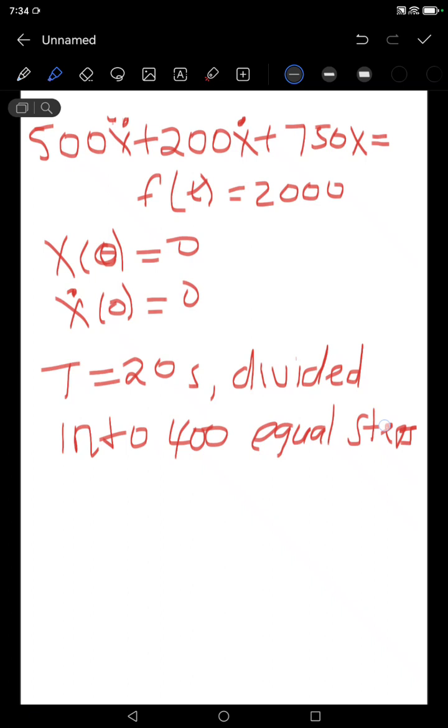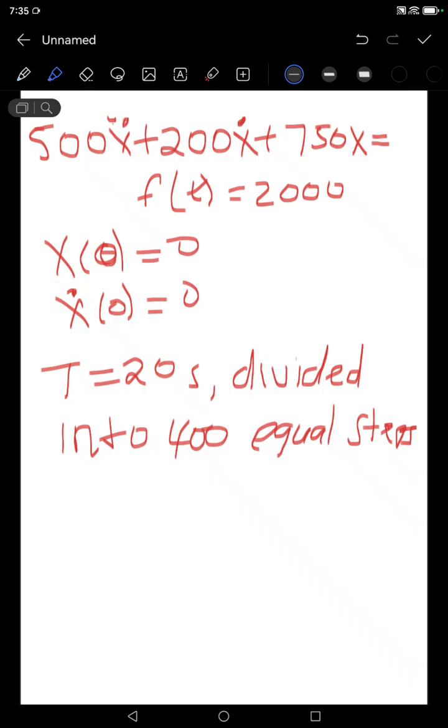So this information is going to help us to get the step size h. Remember, in our equation of Runge-Kutta, we have h f. So to determine h, it's going to be 20 divided by 400, and get the value of h.